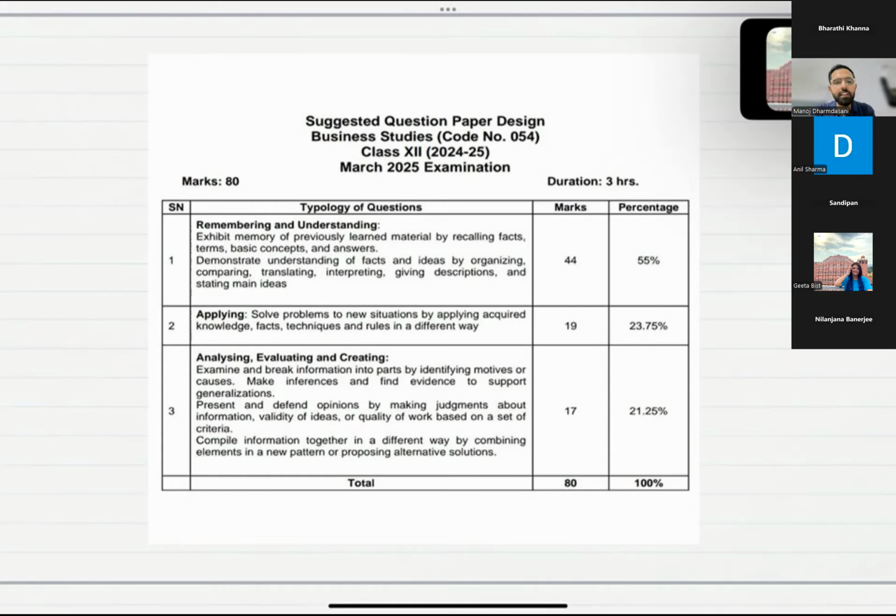If you can see, the remembering and understanding based questions have been raised to 44%. And the reason behind this is that they have enhanced the difficulty level in their MCQs. They have increased the difficulty level in their MCQ questions.